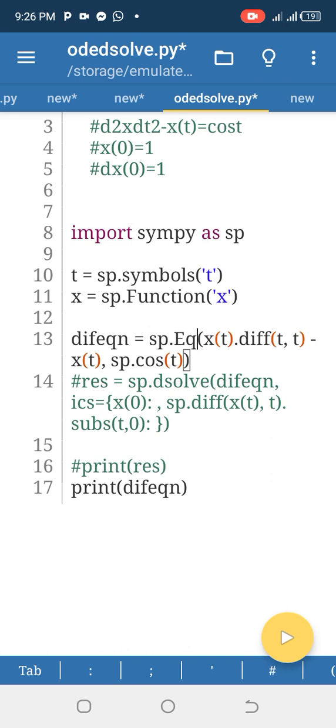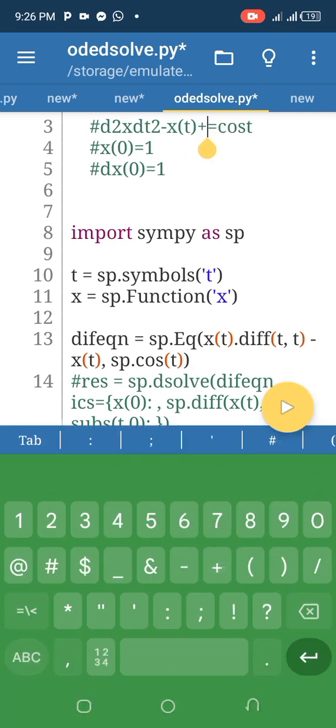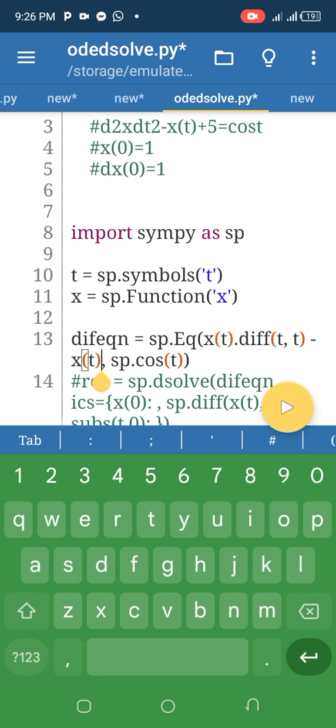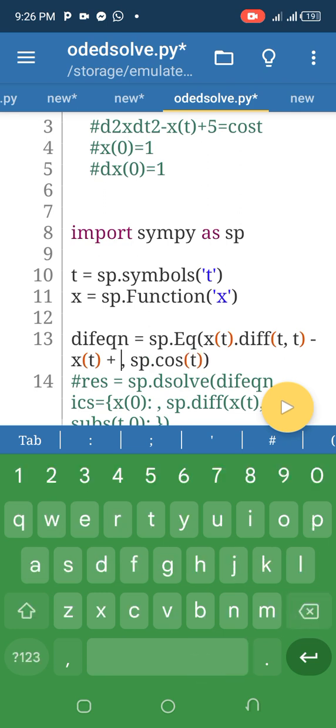Then, if we had anything else, for example, maybe we had here plus 5, we could bring it here. So here we would also say plus 5. Then comma sp.cos of t.